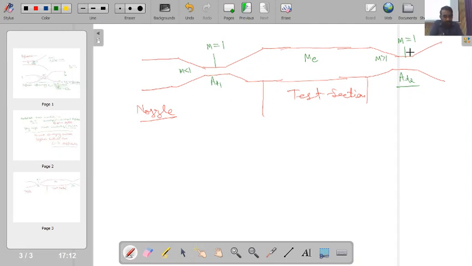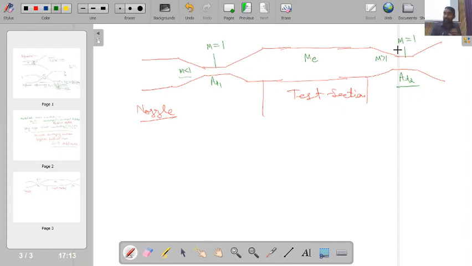So though we have two throats doing the same purpose, meaning both throats should have sonic condition, just before the first throat I have a subsonic flow, whereas upstream of the second throat I have a supersonic flow.